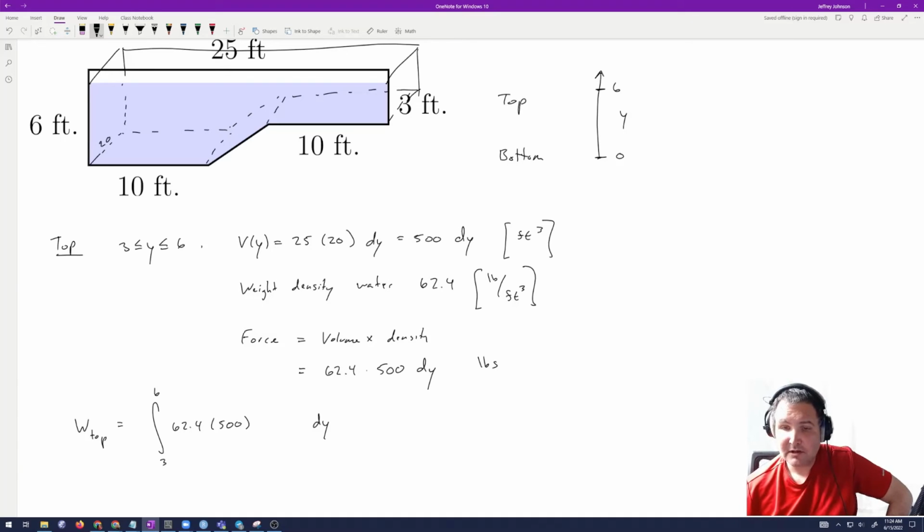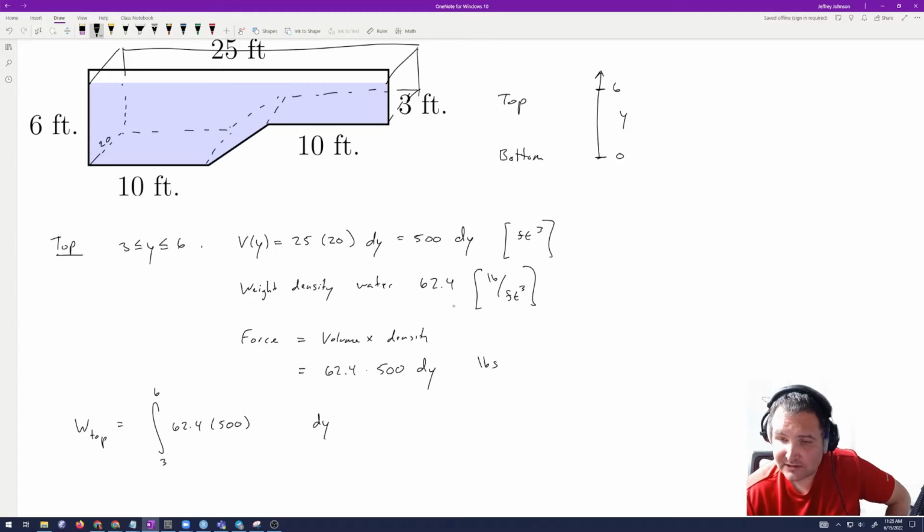So we want to figure out at what distance the water is. We have to have it 2 feet above. Okay, so at the top, when y is 6, we want there to be a 2-foot distance. We want to multiply this force by the distance. When we're 3 feet in the pool, it's got to go 5 feet out.